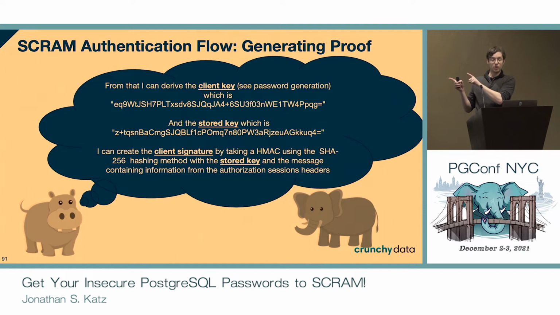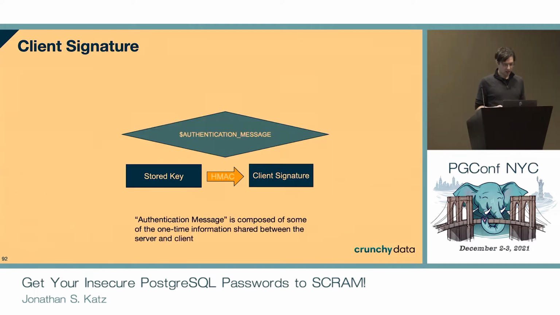Now we know that Postgres and that SCRAM verifier does have that stored key saved on the server. But what we're going to do is create something called a client signature. The client signature is an HMAC of some information that we're going to find in what's called the authentication message, using the stored key as the signing element. It effectively looks like this.